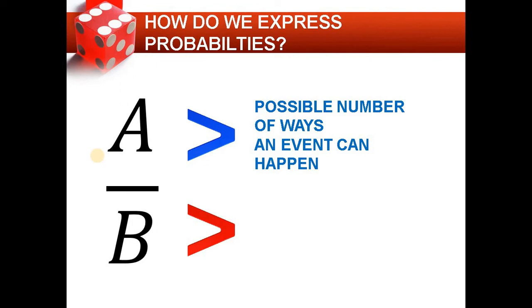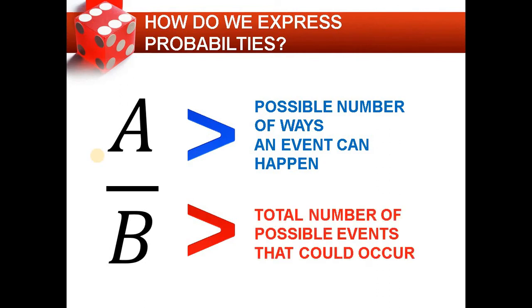And what about B? B in this expression is the total number of possible events, meaning the outcomes, how many possible events can happen.